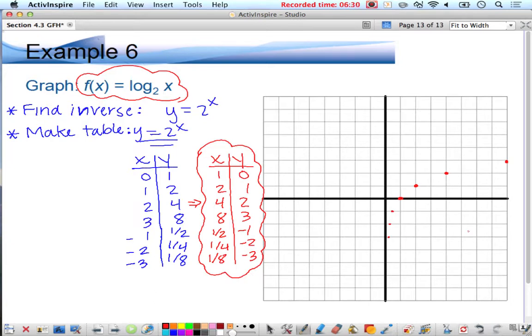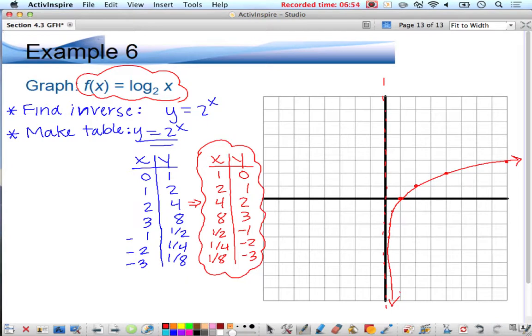If we look at those ordered pairs and those points, we can see that it is hugging which axis? It is acting as a vertical asymptote right here, the y-axis. And that's all you have to do to graph logarithms.